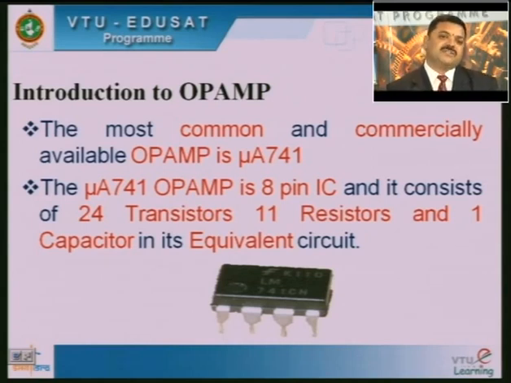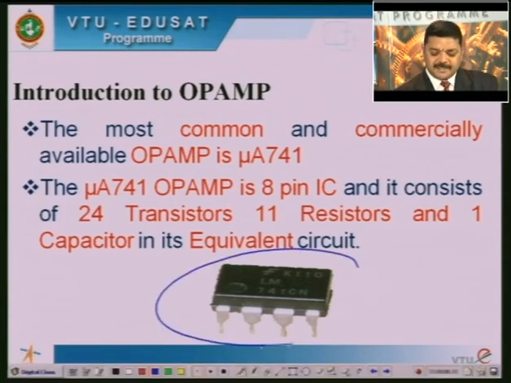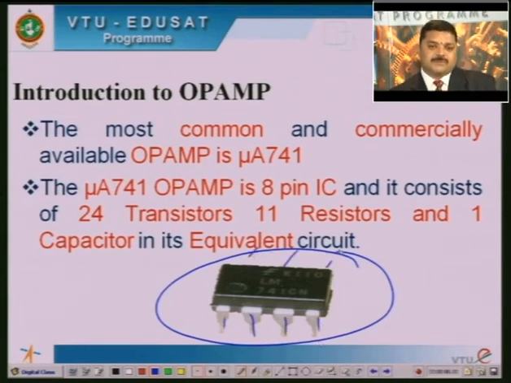Let us take the MU-A741 in detail. MU-A741 is an 8-pin operational amplifier IC. You can see here I have shown one IC, 4 pins on one side, another 4 pins on the other side. So, 4 plus 4, 8 pins are there. It consists of 24 transistors.